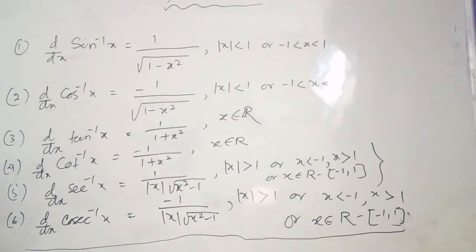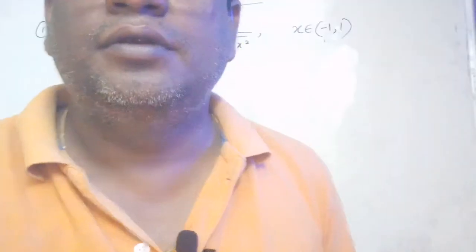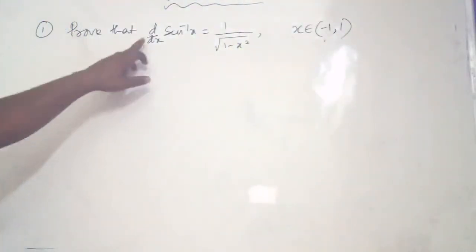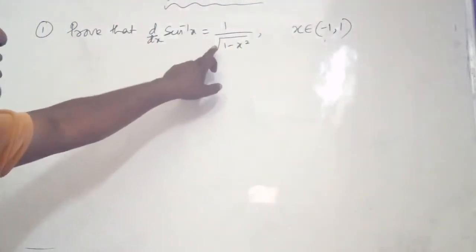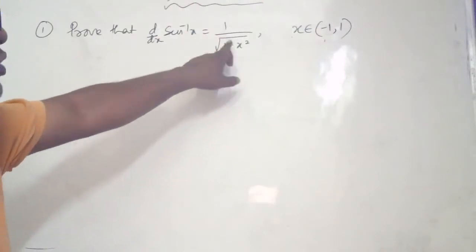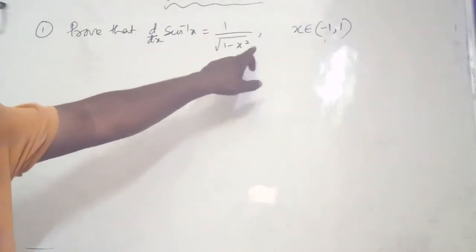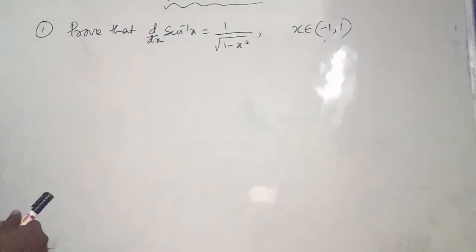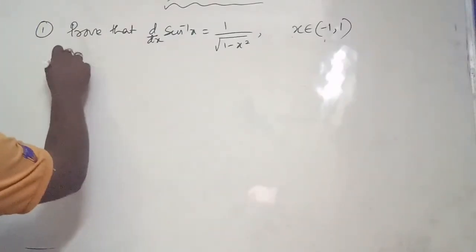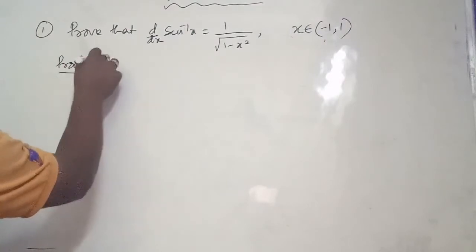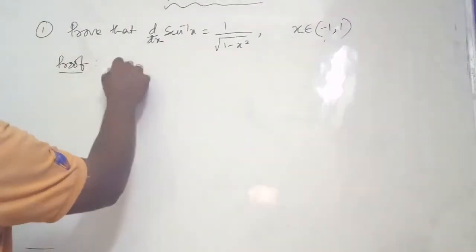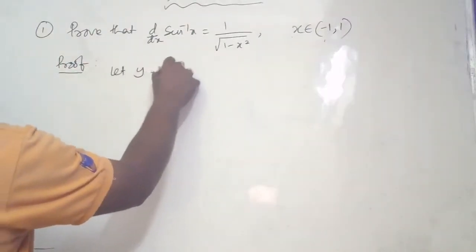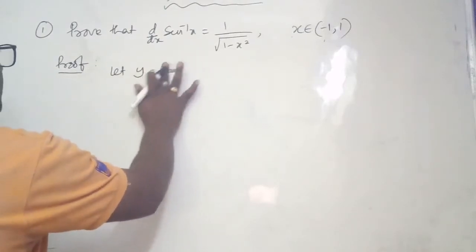Now, proof that d by dx of sin inverse x is equal to 1 by square root of 1 minus x square, x belongs to minus 1 to plus 1. Proof: let y is equal to sin inverse x.